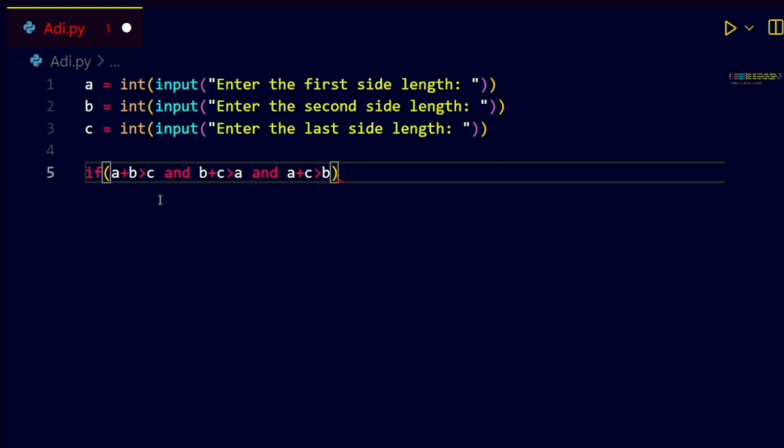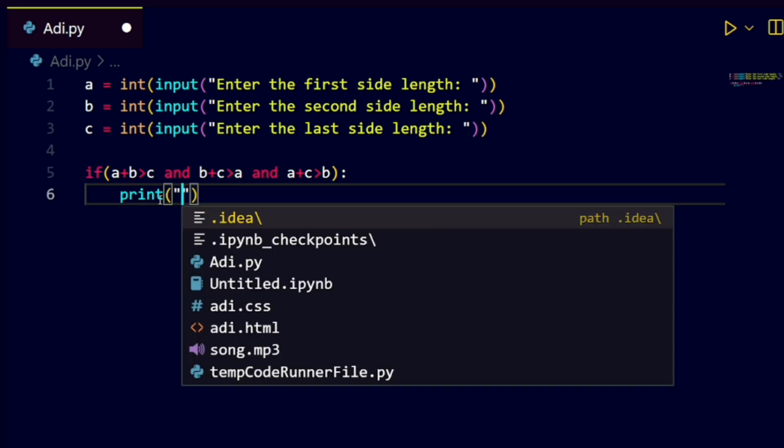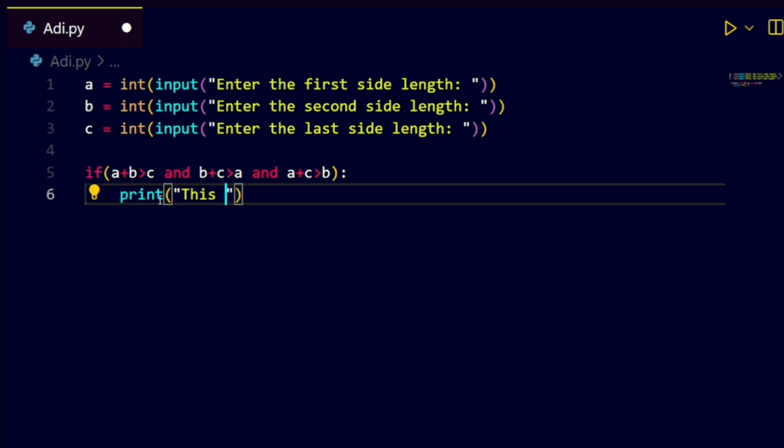If those exceed the side lengths, then print, this forms a triangle.